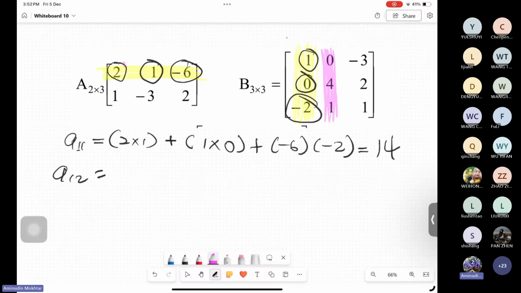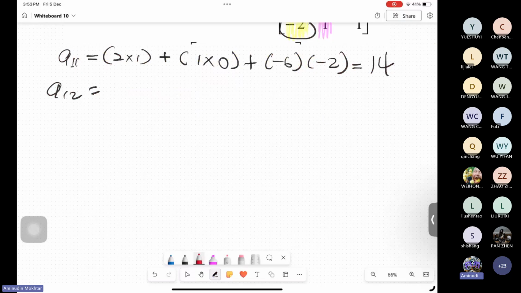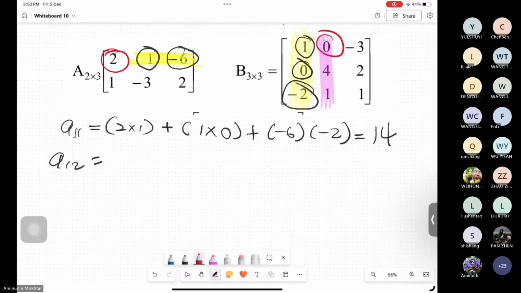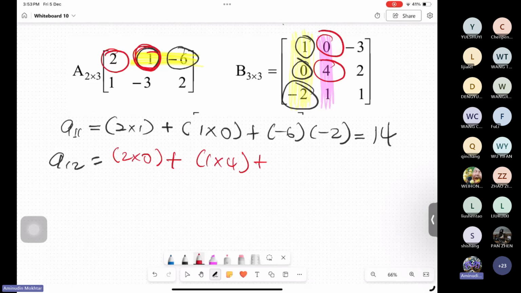The first one is 2 times 0, plus 1 times 4, plus negative 6 times positive 1.